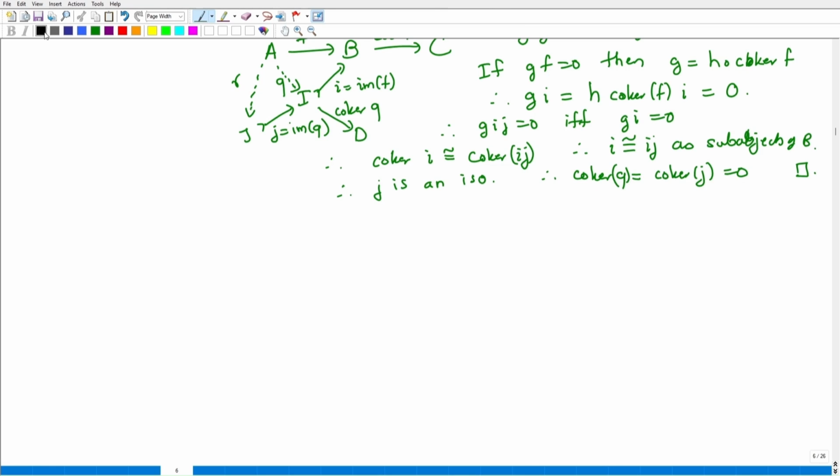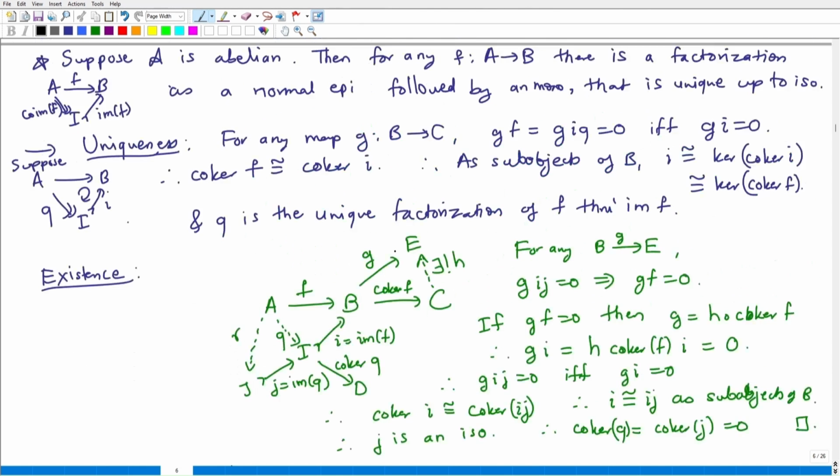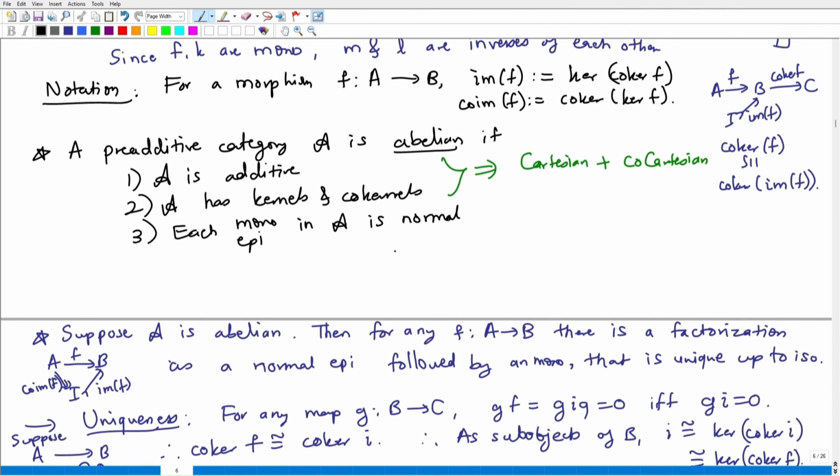Okay, so this is existence and uniqueness of image factorization. Let me state some properties of Abelian categories. As I already pointed out, please look at the definition.